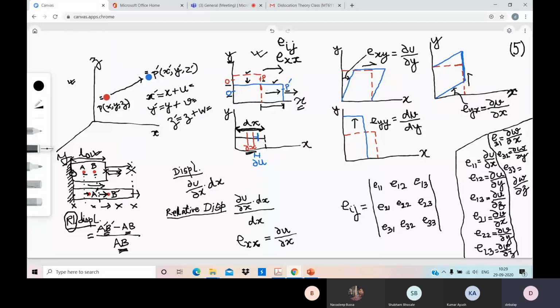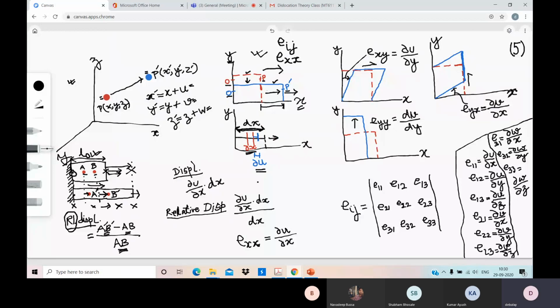A small distance inside that dx length is delta x. And suppose I am stretching, and as a result this delta x length is getting extended by a small amount delta u. So the displacement that is happening with respect to the small length delta x is delta u.